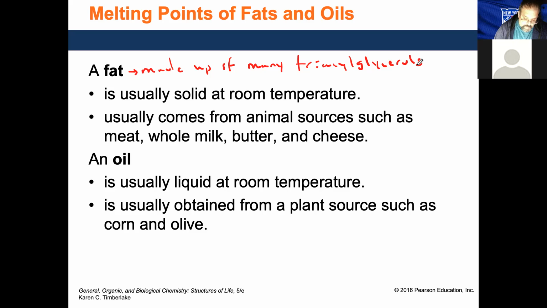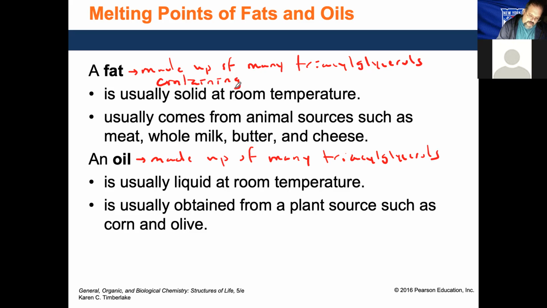And an oil is actually made up of many triacylglycerols. But essentially, the key difference between them is that for a fat, the triacylglycerols that are found contain mostly saturated fatty acids.